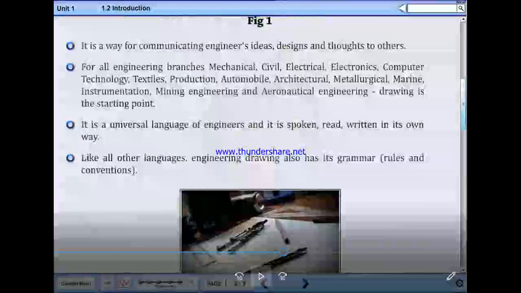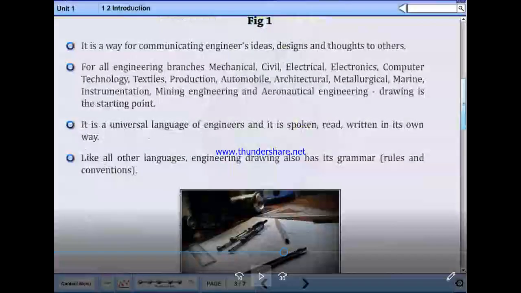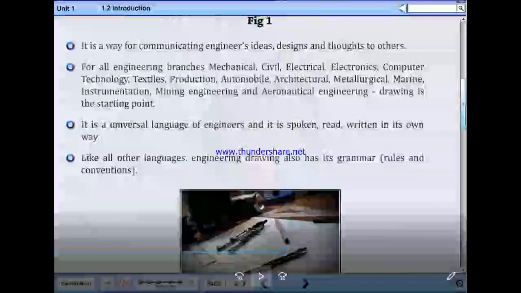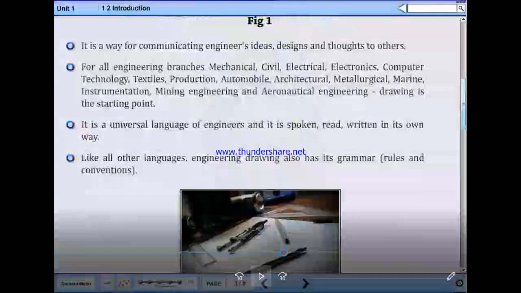For all engineering branches like mechanical, civil, electrical, electronics, computer technology, textiles, production, automobile, architectural, metallurgical, marine, instrumentation, mining engineering, and aeronautical engineering, drawing is the start point.